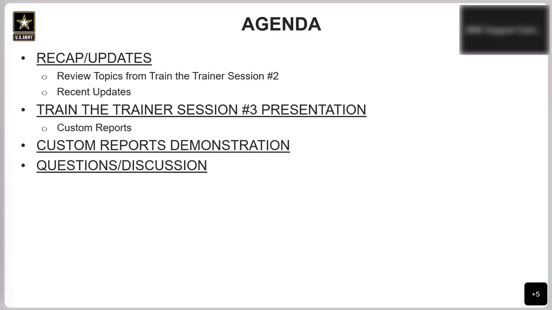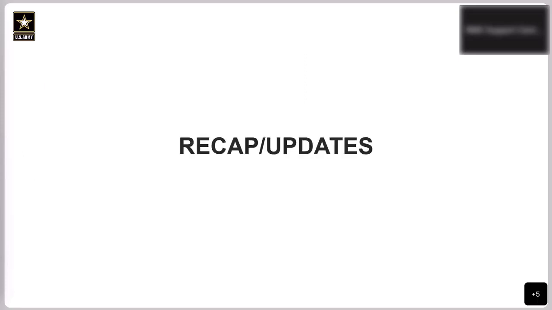We'll do a review of a lot of different elements that can be found throughout RMS and how those can be utilized. And then finally, we're going to jump into a demonstration of creating custom reports in Telerik. And then finally, to conclude the session, we'll take any questions or requests that you all may have or need to discuss.